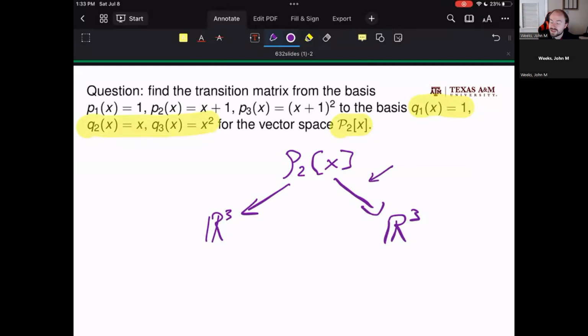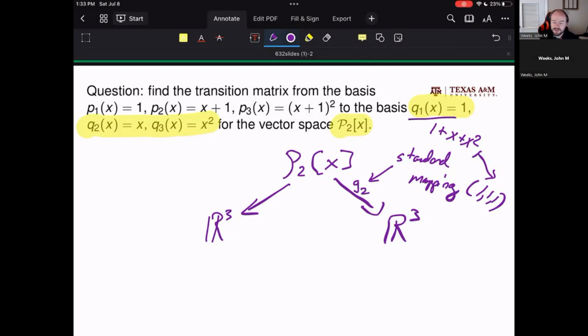This is the one where we map everything in terms of its coordinates. For example, we might send the polynomial 1 plus x squared over here to the element 1, 0, 1, because this is the map given by the standard basis elements Q.